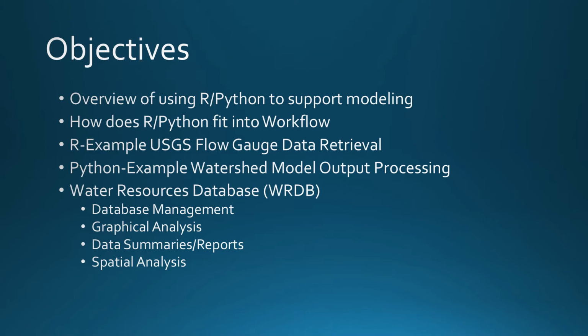That program is called the Water Resources Database, WRDB. And then lastly, I'm going to introduce you to a Microsoft product called Power BI Desktop, which again, you don't need any programming skills to use to analyze data, both spatially and temporally. We'll talk about that towards the end.